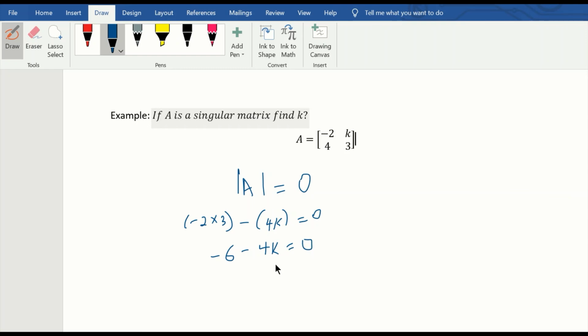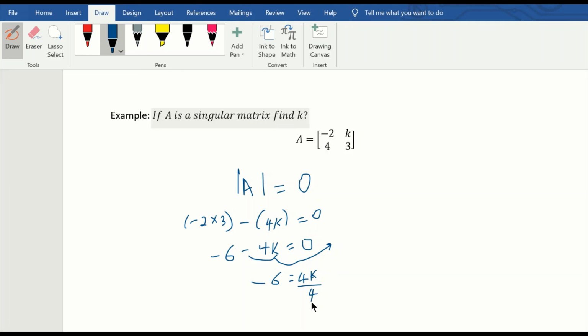So for me to get K, I have to move negative 4K to my right. It becomes positive, so we now have minus 6 equal to 4K. What next? To get K, we divide both sides by 4.